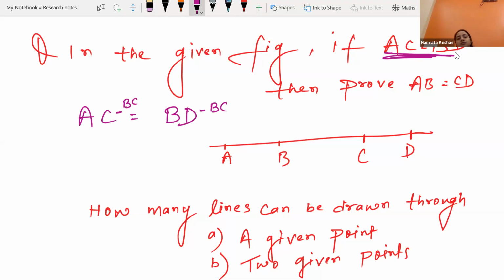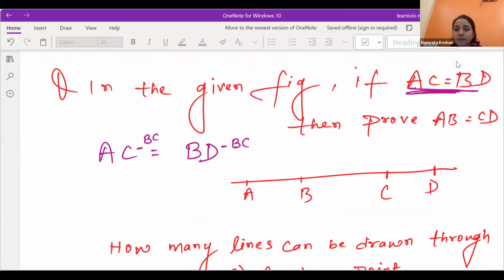Which axiom is helping us to prove it? Axiom number 3: if equals are subtracted from equals, the remainders are equal.